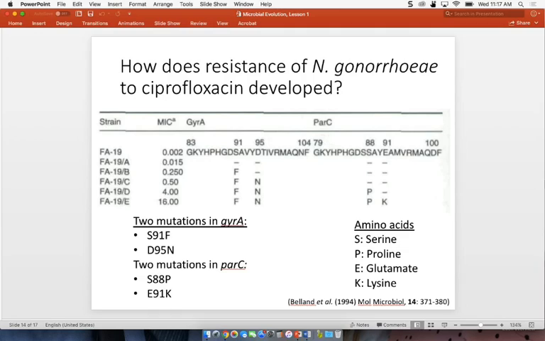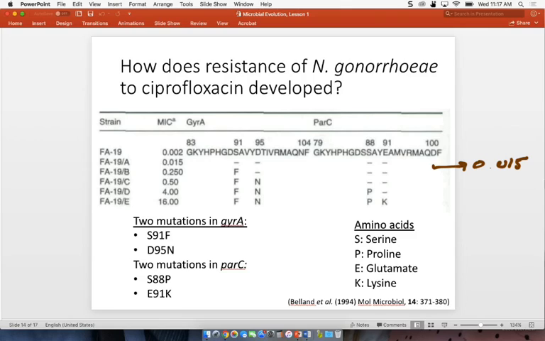So let's talk about how this actually would have progressed for a minute. Likely, what would have happened is you use a concentration of antibiotic, say, in this, let's say we're doing a broth dilution experiment and we use 0.015 micrograms per mil of the antibiotic.